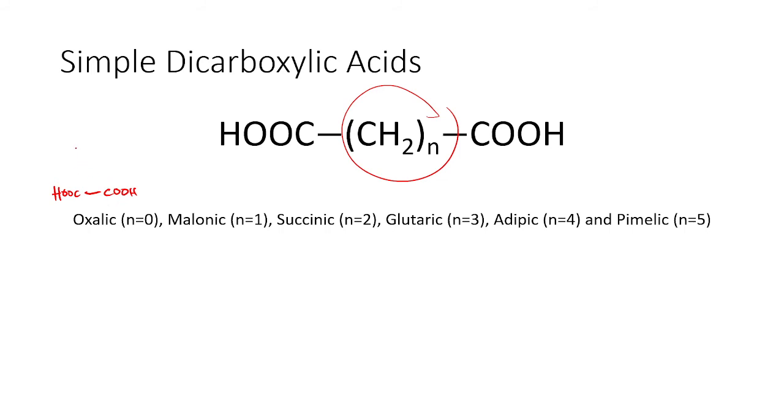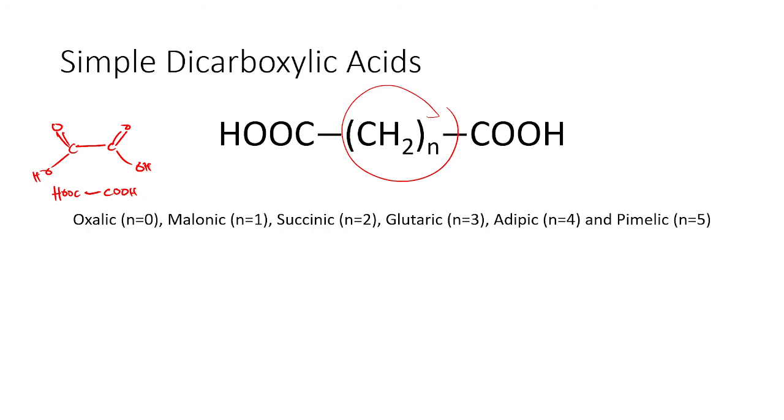Bale, meron kang dalawang carbon atom dito, tapos meron kang double bond dun sa mga oxygen, then you will have here OH and this OH. That is our oxalic acid. Ang oxalic acid actually, madalas itong gamitin, kung di ako nagkakamali, sa paggawa ng sabon.